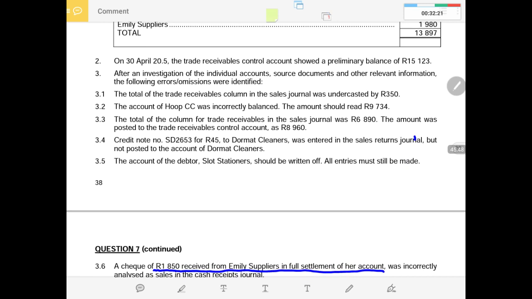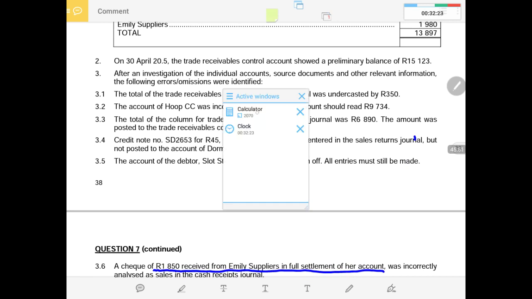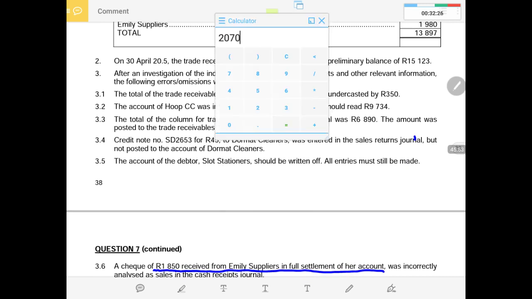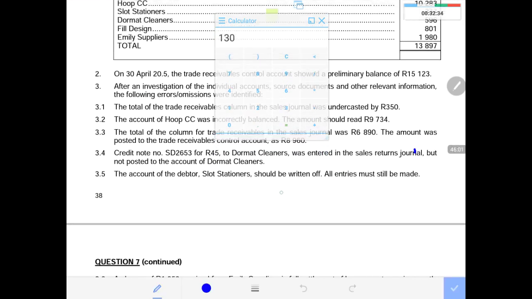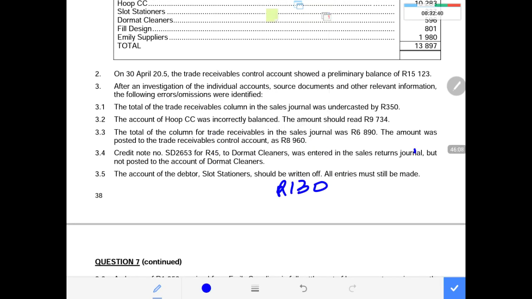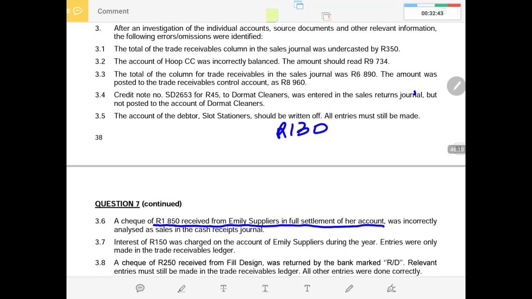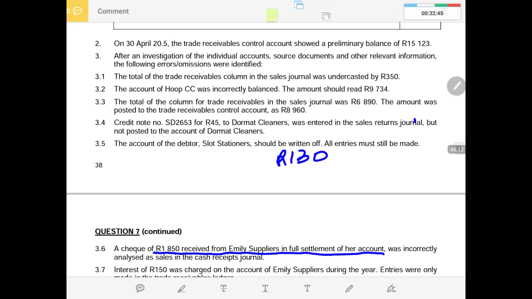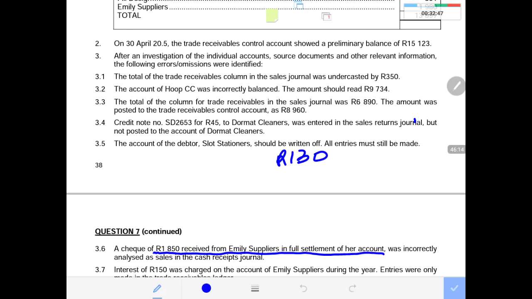So in other words, we need to strike the amount of the discount that she was given. The discount is 1,980 minus 1,850, meaning the discount of this customer is an amount of 130. So the customer was given a discount of 130, and we received a check from this customer in full settlement of the account. What have we done immediately when we receive this?